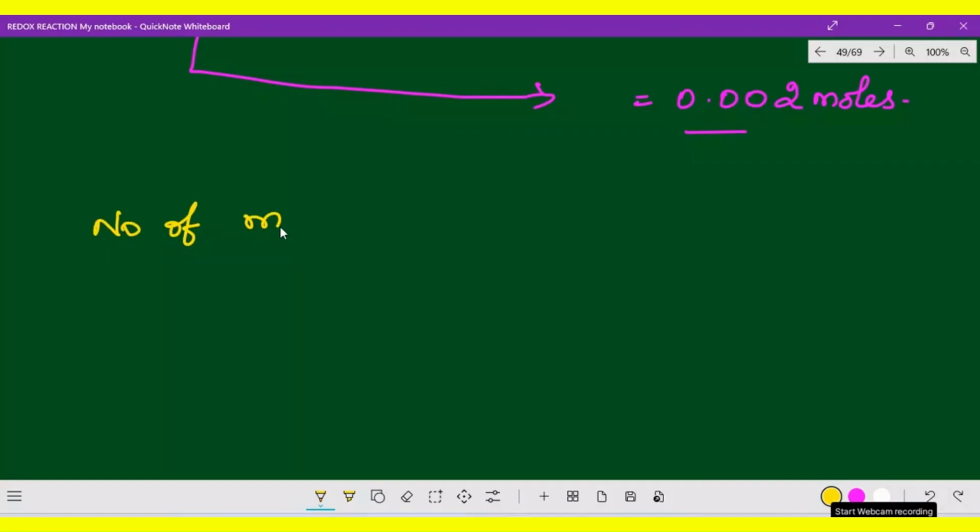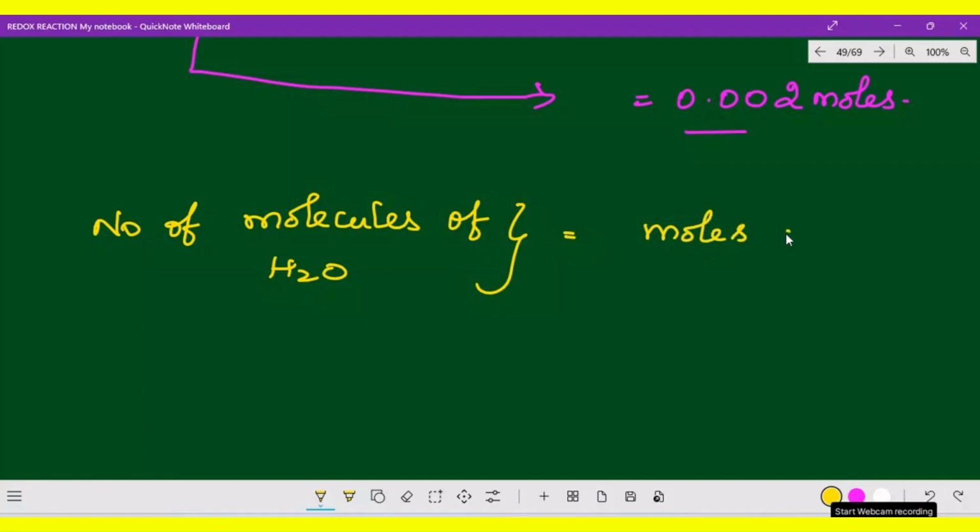Number of molecules of water, as mentioned in the question. The number of molecules is moles into Avogadro number. This is the formula. Whenever we are finding the number of molecules of anything, it is moles into Avogadro number.